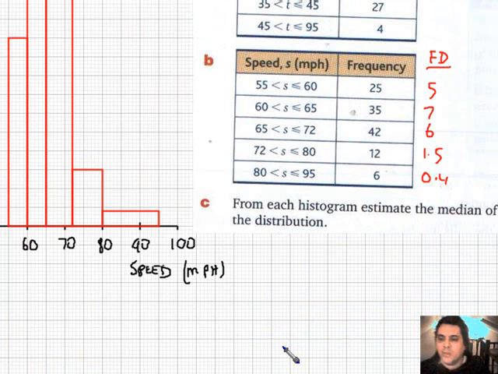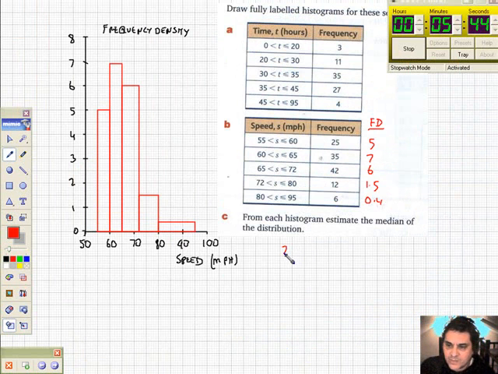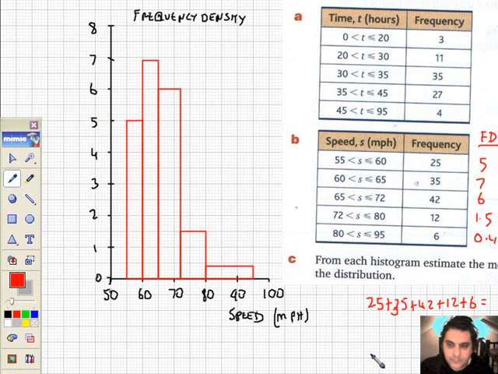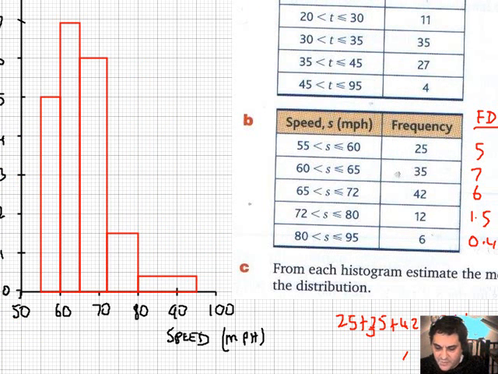Well, altogether I have 25 plus 35 plus 42 plus 16, not 16, it's 12, isn't it? Rub it out. 12 plus 6. We have got 25, 35, 42, 12 and 6. We have 120.